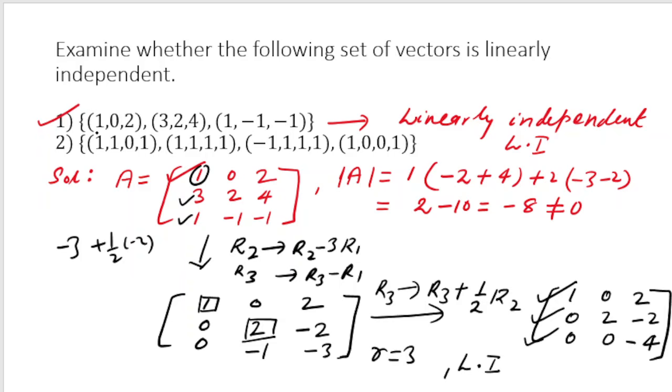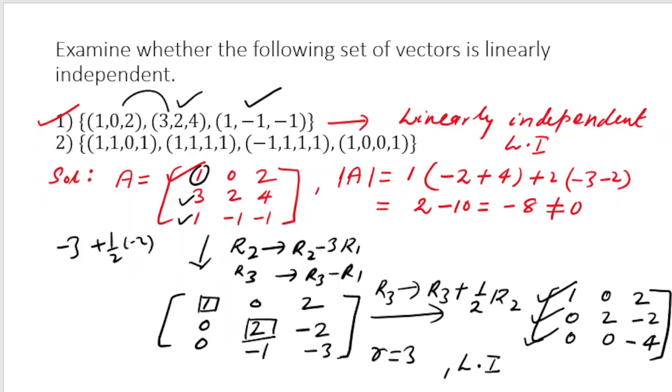What does it mean if I say that these three vectors are linearly independent? It means that if you take any of the vectors, for example the third vector, that vector cannot be written as a combination of the other two vectors, right? Similarly, if I take this vector, it cannot be written by any means as a combination of these two vectors.